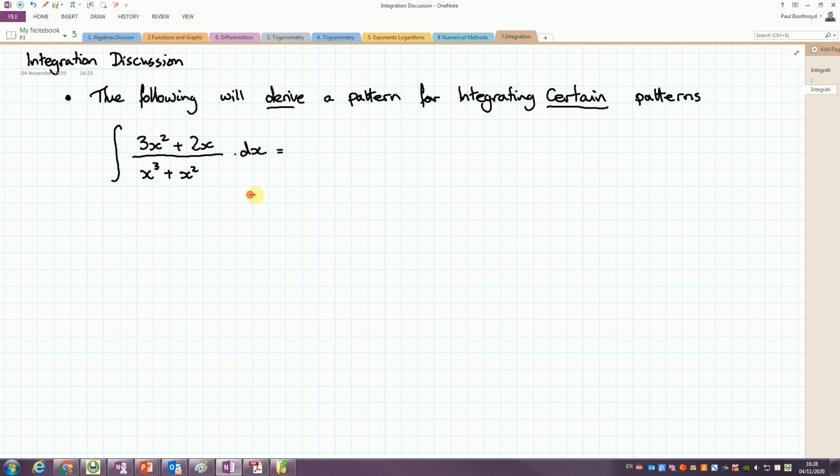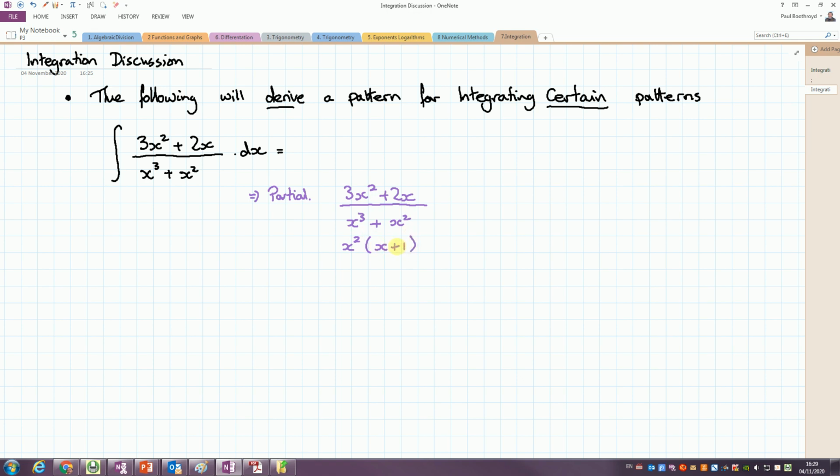So that's our partial fractions. We consider what powers I can have on the top here. Let's factorise the denominator. I've got 3x squared plus 2x all over x cubed plus x squared, which will factorise down to x squared and x plus 1.